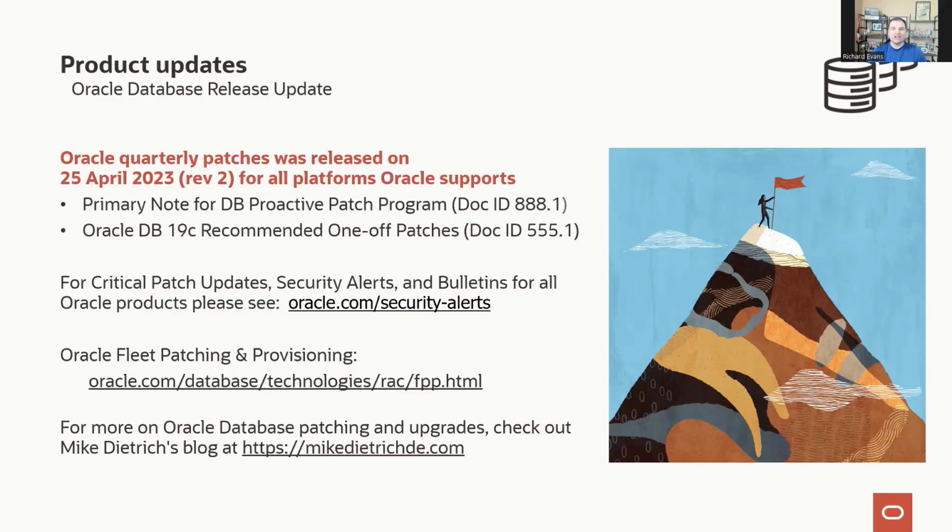If you are patching and you're using RAC, a Real Application Cluster environment, check out Fleet Patching and Provisioning to help you with Grid Infrastructure patching, as well as the Oracle Database Home patching. There are some modern techniques out there that you can use. Mike Dietrich's blog on patching and upgrading is really the source of information for everybody, me included. So take a look at Mike Dietrich's blog for anything related to patching or updating your Oracle database.